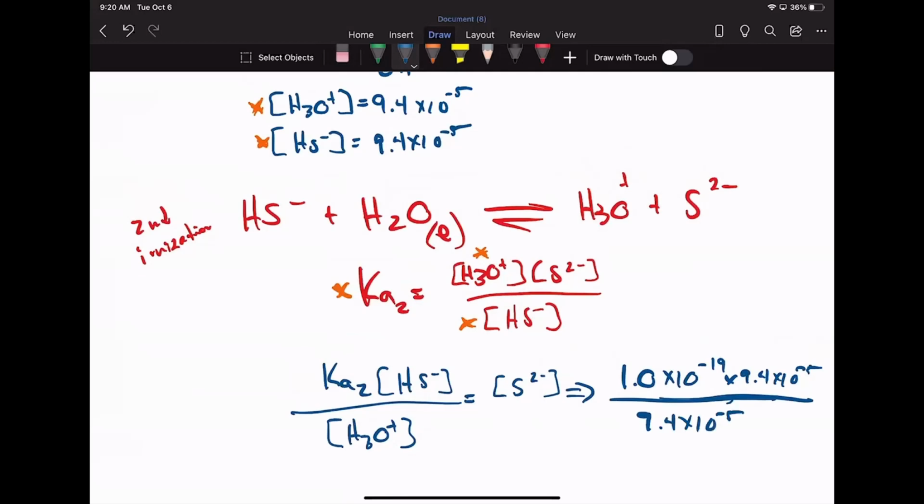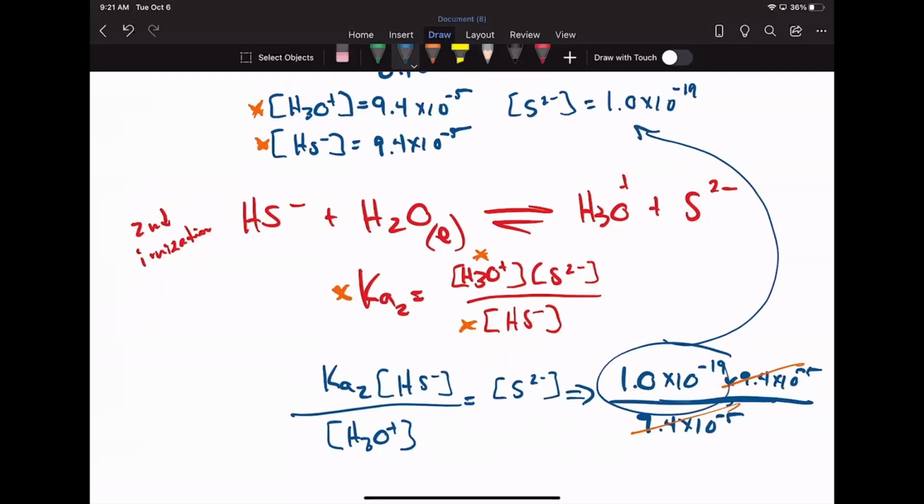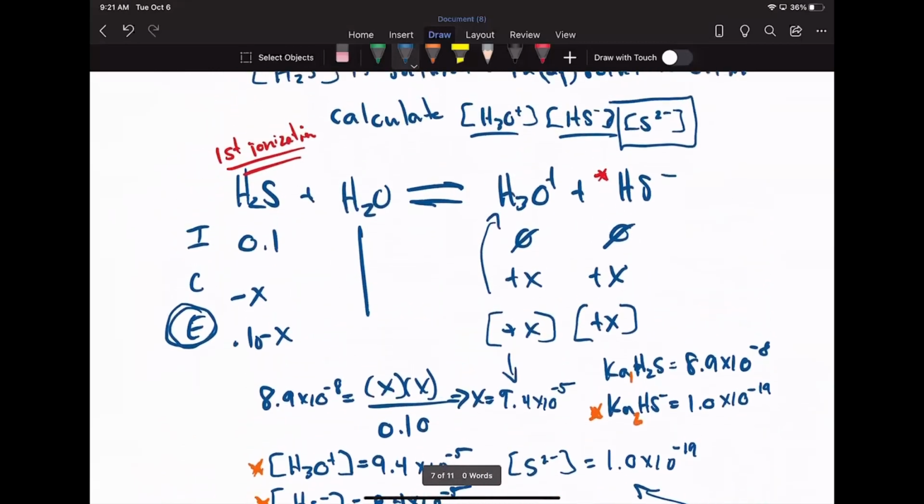I don't even need a calculator, because this is going to cancel out this, and that means that the concentration of S2 minus is simply equal to 1.0 times 10 to the minus 19. And I didn't even need a calculator. So I didn't need a second ice table, and didn't even need a calculator to figure out the concentration of each one of those.